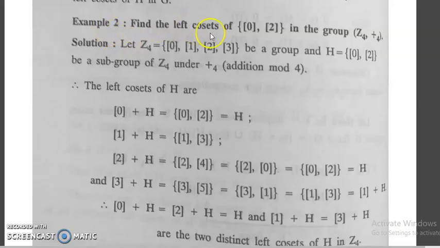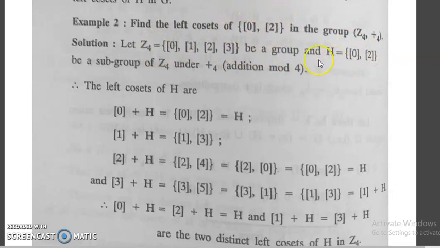Next example: find the left cosets of {0, 2} in the group (Z₄, +₄). Let Z₄ be the set of integers starting with 0; we take the first 4 elements: 0, 1, 2, 3, defined with addition modulo 4. Z₄ is a group and H = {0, 2} is given.